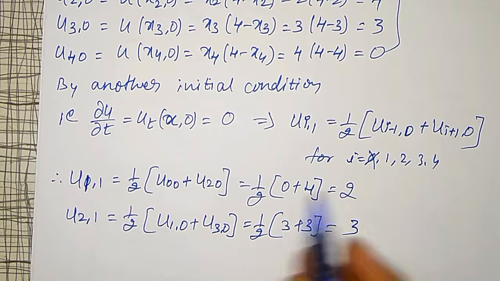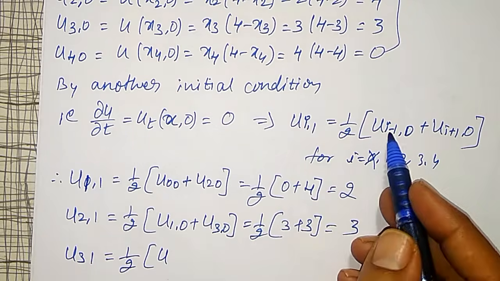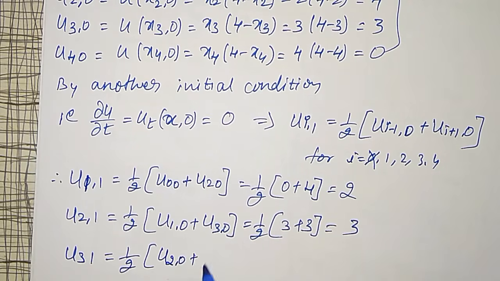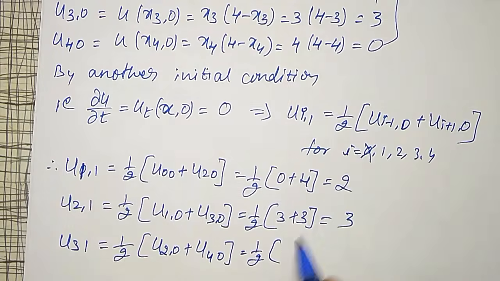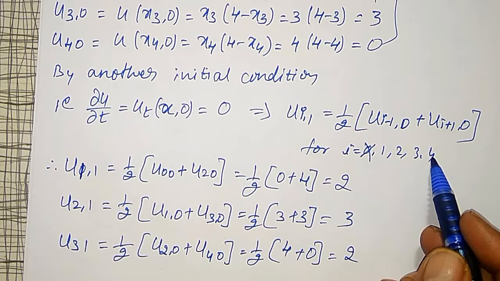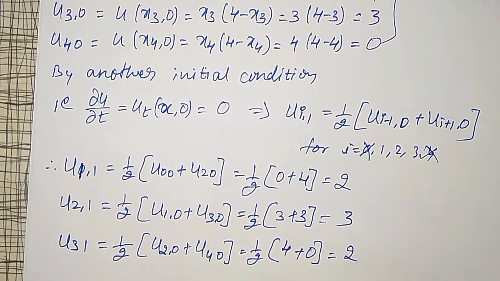Like that, i equal to 3, u31 equal to 1 by 2 times u2 comma 0 plus u4 comma 0, u20 is already 4, plus u40 is 0, which is equal to 2. If I use i equal to 4, then it will become 5, but it does not exist, therefore only 1, 2, 3.